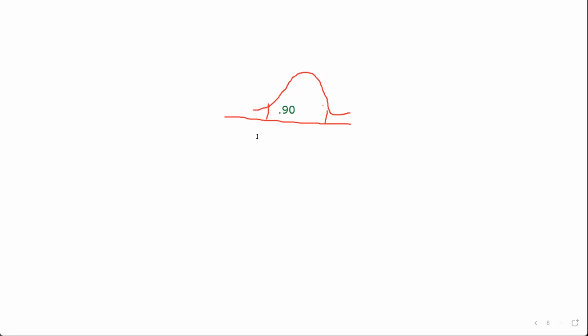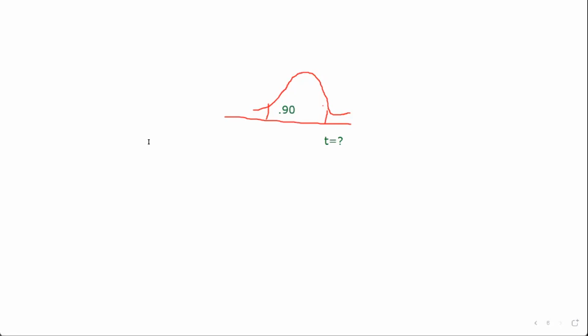Now, when I'm doing confidence intervals, I want the positive T because the T's are symmetric, just like the Z's are. They're a little bit broader and a little fatter at the ends, but they're just like Z's in that respect. So I'm looking for this T, right?